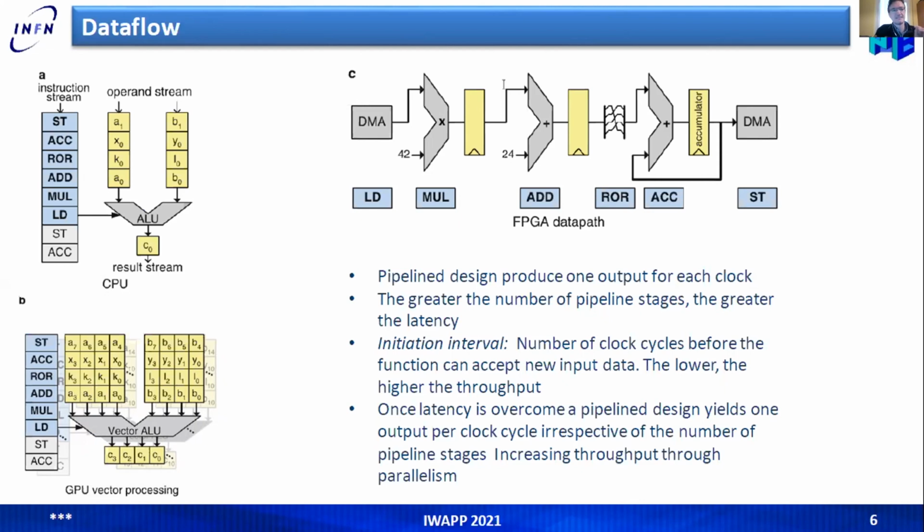The pipelines being independent from each other guarantees a high parallelism between the processing, and the throughput can be quite high, because of reducing the initiation interval, that is the number of cycles before a hardware function can accept new input data.